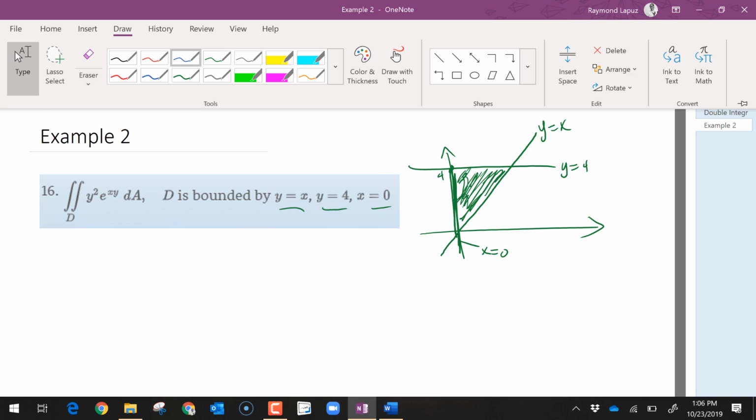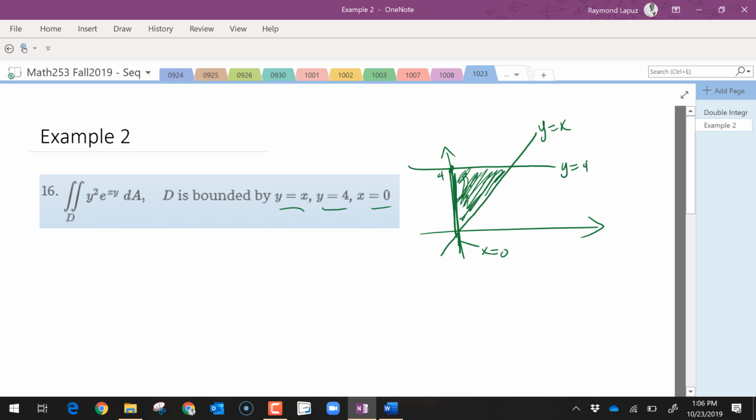Now, remember the process, right? If I want to integrate with respect to x first, I'm going to look at my graph, and hopefully you're able to construct a nice looking graph.